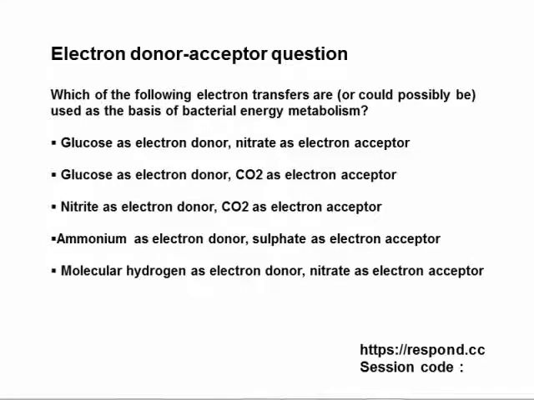Okay, so all of this, like anaerobic respiration and sulfur and nitrogen oxidation, is a bit complicated. So let's see if you've understood which types of electron transfers are going to work for the generation of metabolic energy.